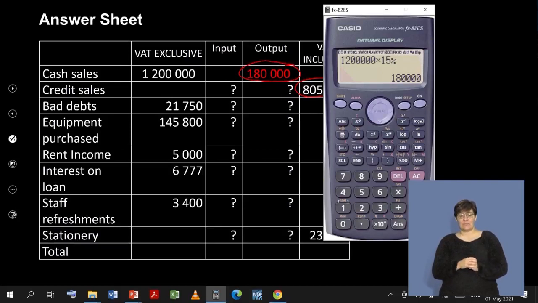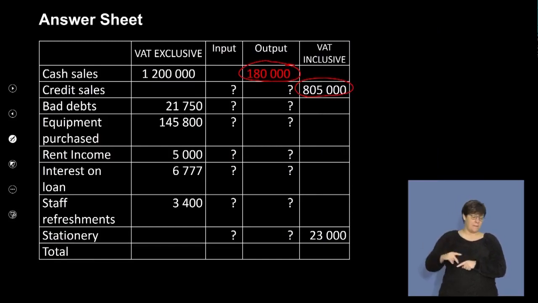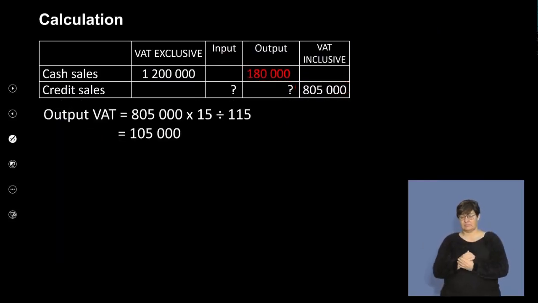Once again, I take the amount of 805,000 times the 15, because that's my VAT rate, divided by 115, which is my amount inclusive of VAT. Therefore, notice from my calculation, it gives me a figure of 105,000. Again, you can see that this figure here would give me my output VAT of 105,000.